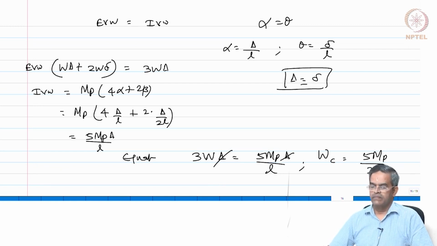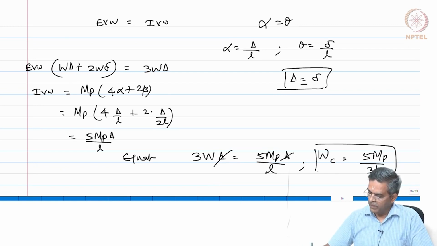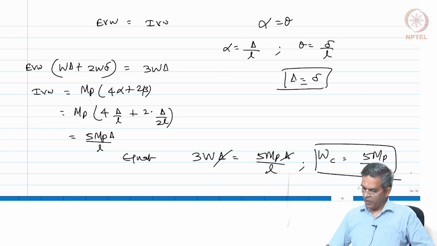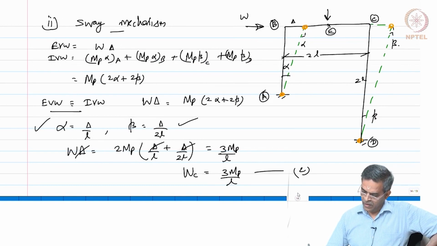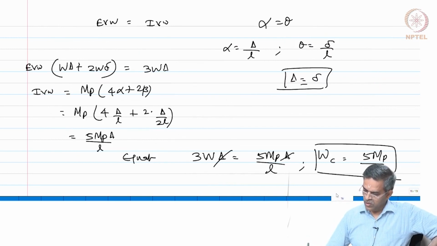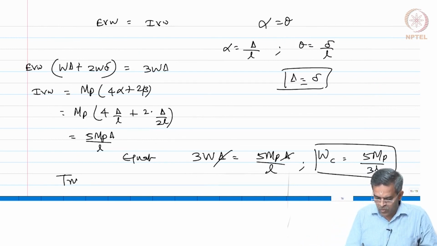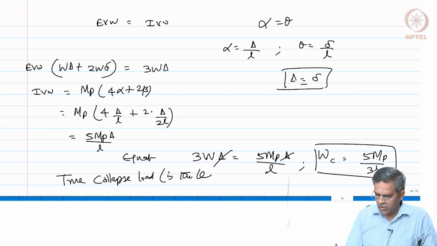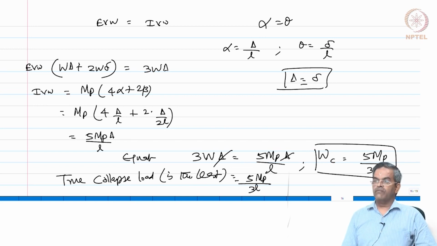Okay. So, now this is the third one I have, which is about 1.67. So, now I have this is 3, this is 2 and this is 1.67. So, the true collapse load is the least of all, which is 5 MP by 3L, and for a given cross section we already know MP, I can find Wc.